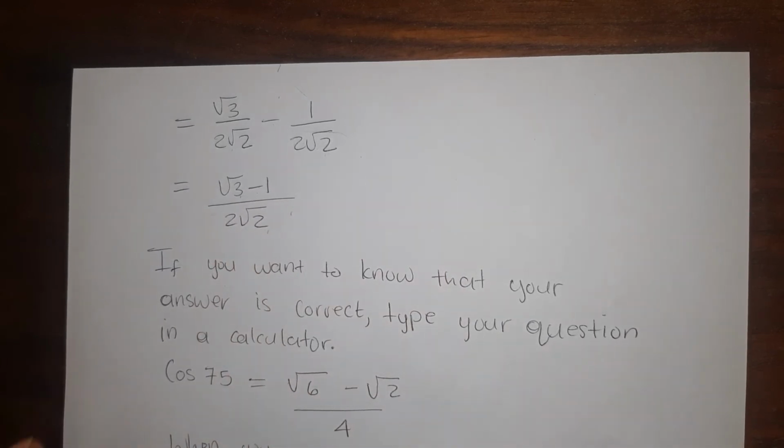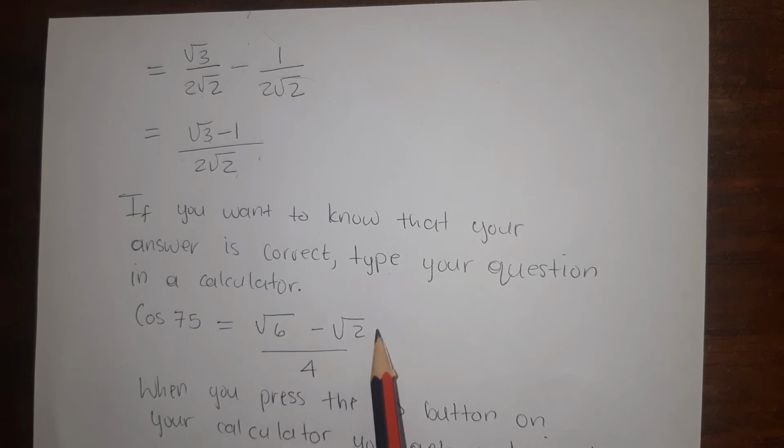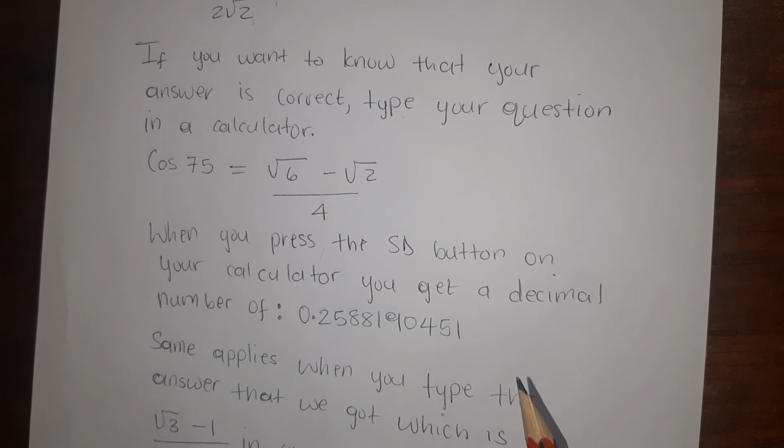So we have simplified to this point without a calculator. If you want to know that your answer is correct, type your question in your calculator. Type cos 75. You'll get square root of 6 minus square root of 2 over 4.